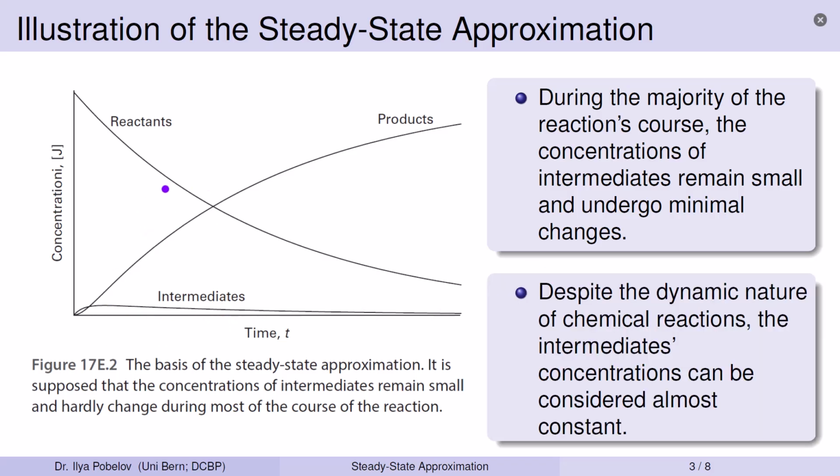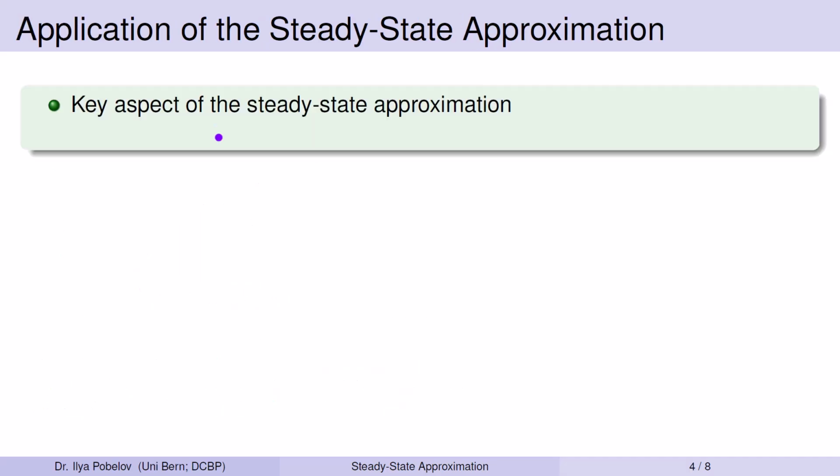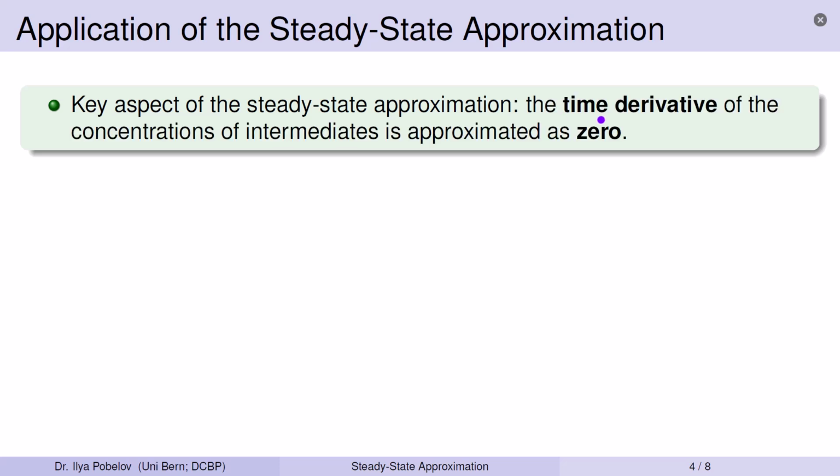Despite the dynamic nature of chemical reactions, where the reactants are continuously converted into products, the intermediates' concentrations can be considered almost constant. This leads to a key aspect of the steady-state approximation. The time derivative of the concentrations of intermediates is approximated as zero.